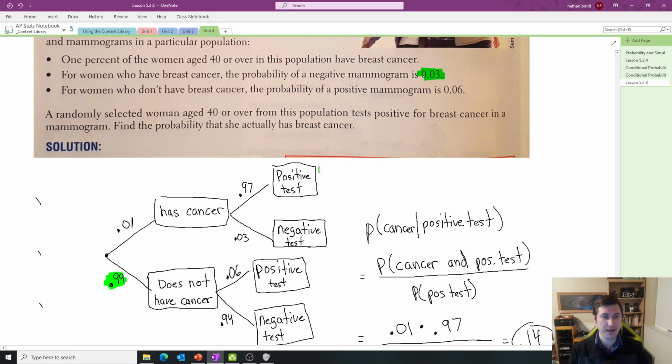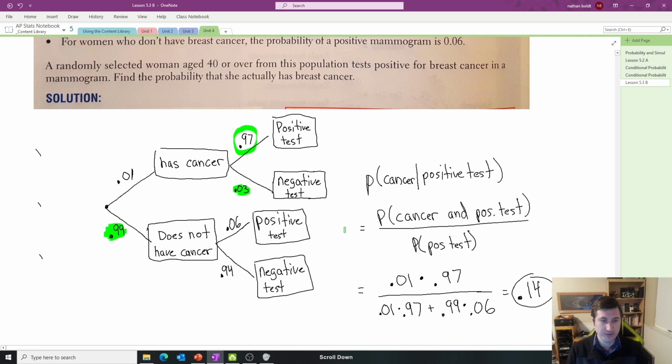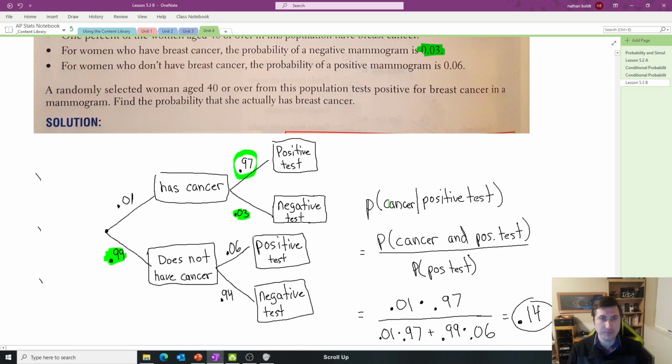For those women who have cancer, the probability of a negative mammogram is 3%. So they give us this one, and that means we have to find the complement. 97% will test positive if 3% test negative. All right, so that's how we fill this out. You have to add up the complements yourself.